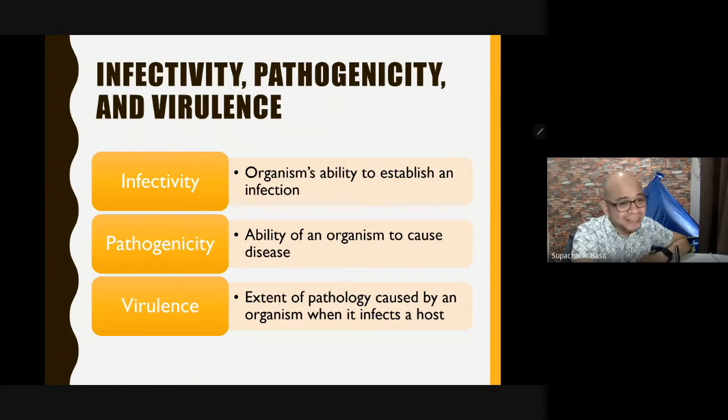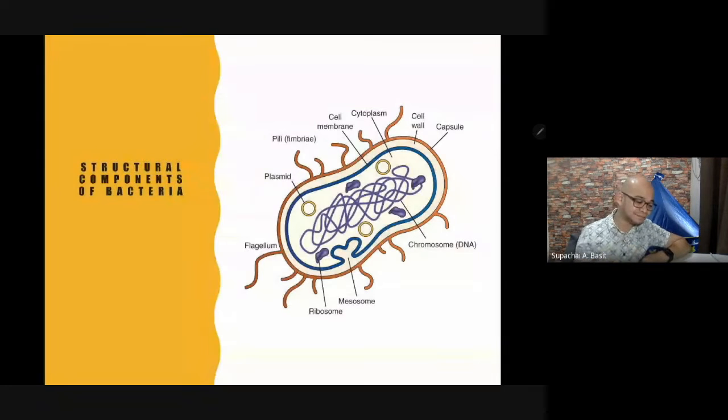And virulence is the extent of pathology caused by an organism when it infects a host. And of course, it is also influenced by the presence of virulence factors, such as the presence of capsule and endospores. These are some examples of the virulence factors.